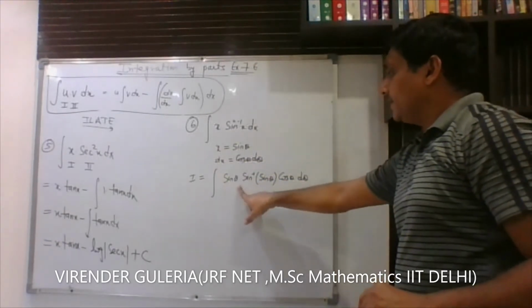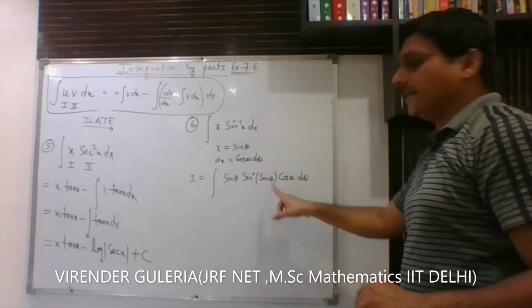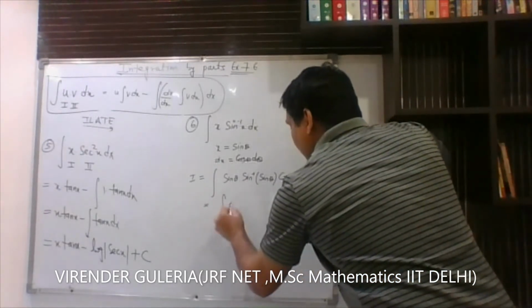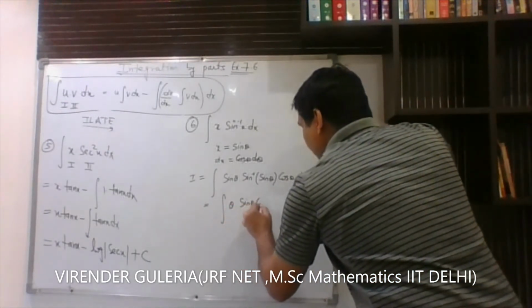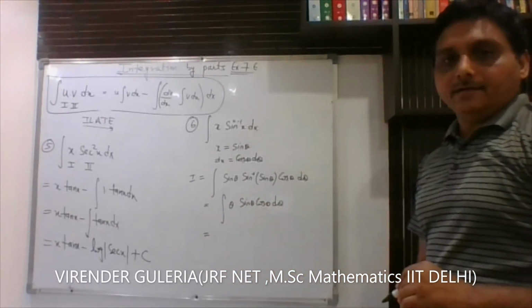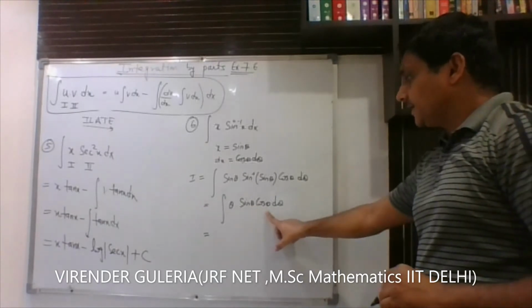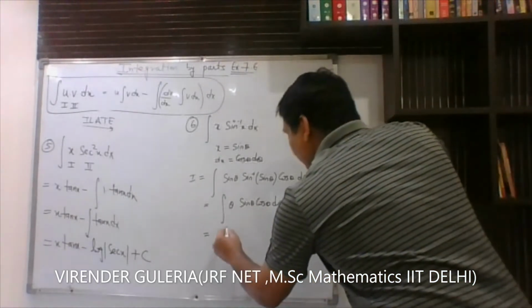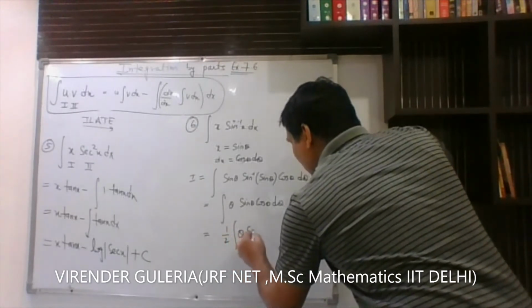This x will become sine theta, and this is sine inverse sine theta. Now I can rewrite this as theta into sine theta cos theta. In order to write this as sine 2 theta, I will multiply and divide it by 2. When I multiply and divide it by 2, this is how I can write it.